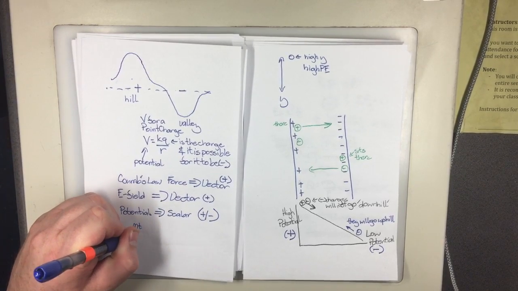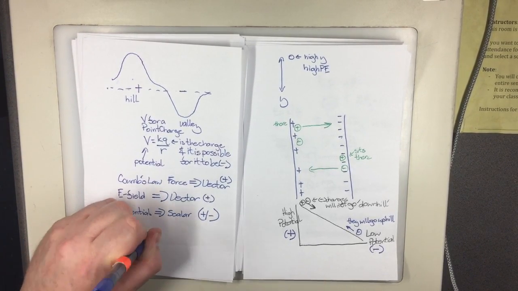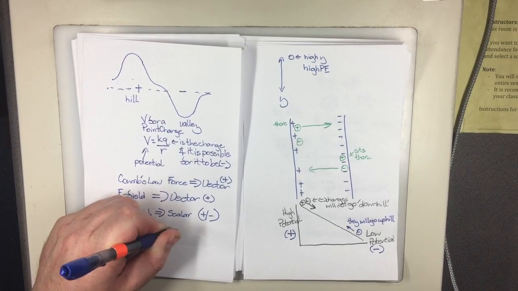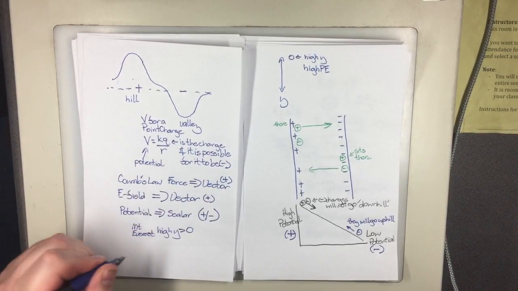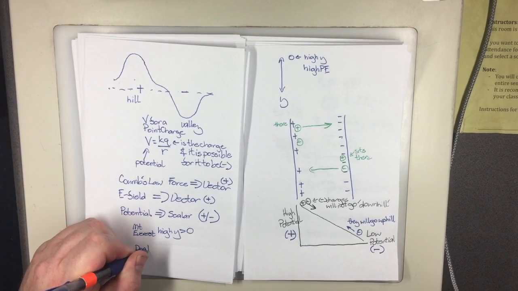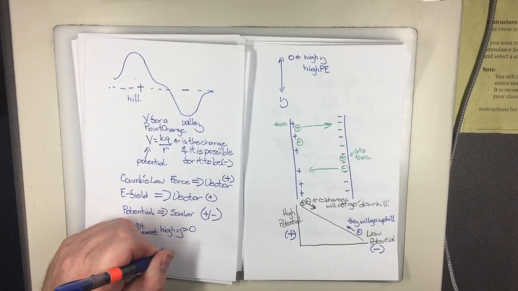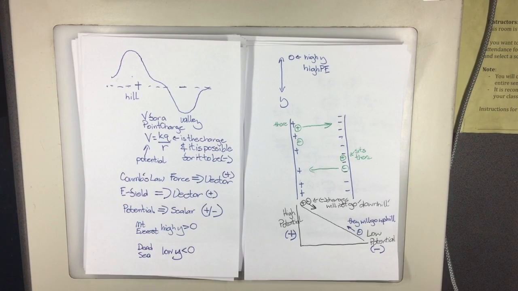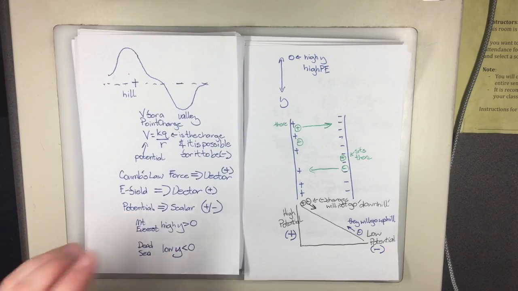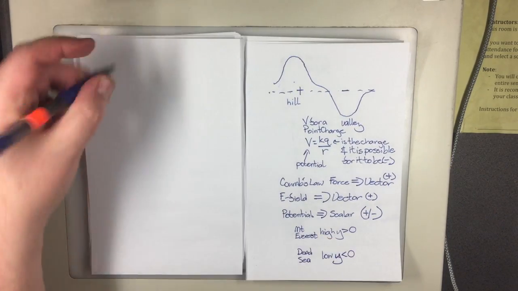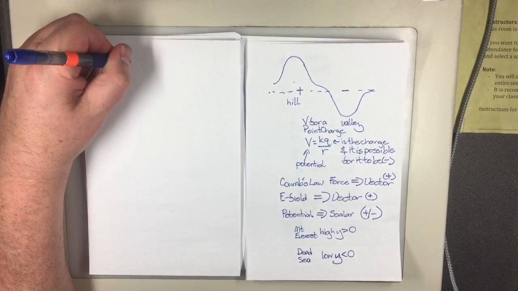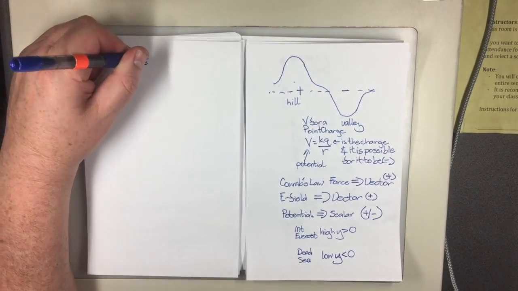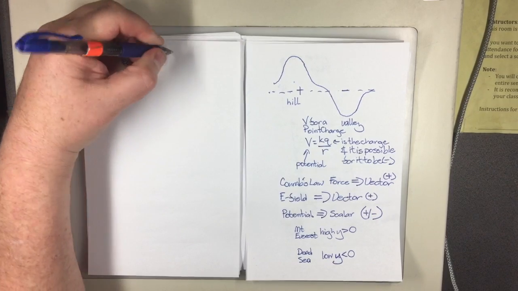Mount Everest has a high y that's greater than 0. The Dead Sea has a low y. In fact, it's so low that it's less than 0. There are many places on Earth that are actually beneath sea level.